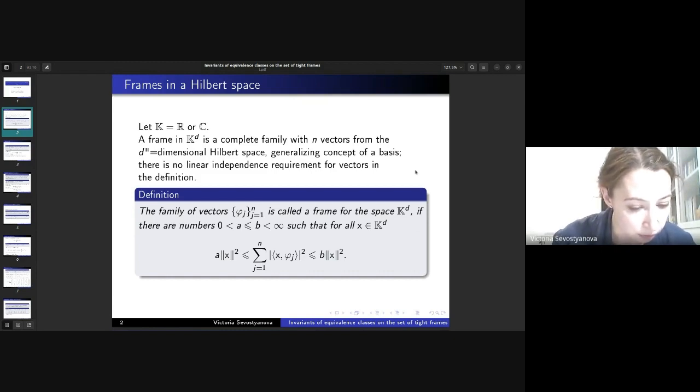A family of vectors is called a frame for a space if there are numbers A and B such that these double inequalities hold. These numbers A and B are called frame bounds. We consider the case when A and B are equal.